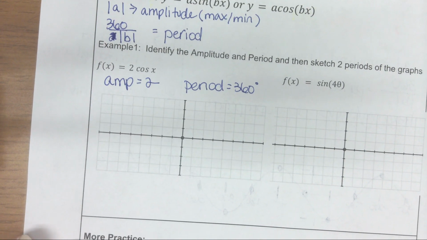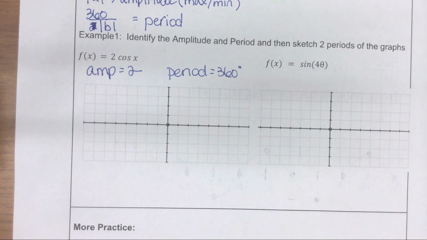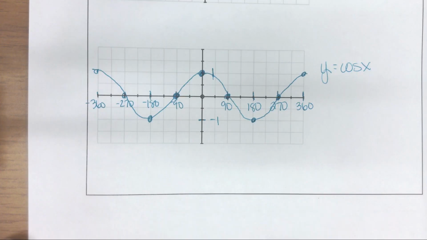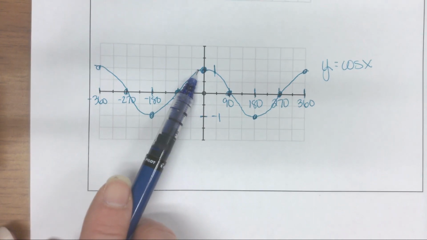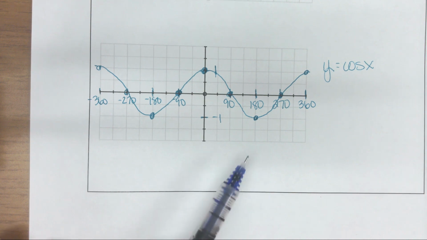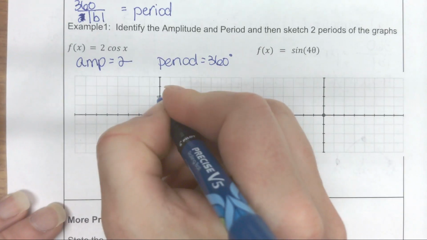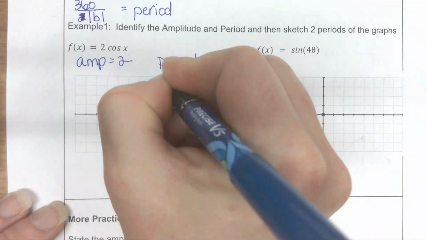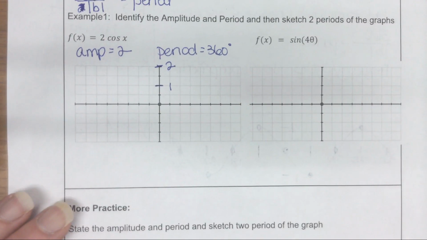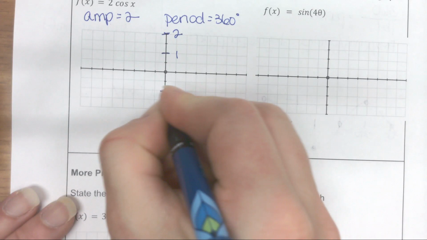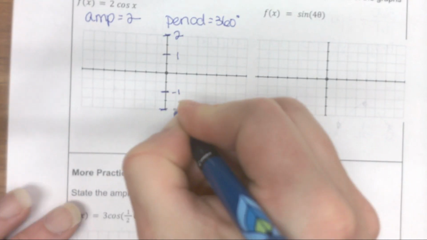Okay, so here's what happens when I do that. Do you remember over here, the cosine curve, the highest it went was 1 and -1. Well, if the amplitude's now 2, I need to make that go up to 2 and -2. So when I'm sketching my graph, here's my 1, I'm going to make this go up to 2. And that's -2.